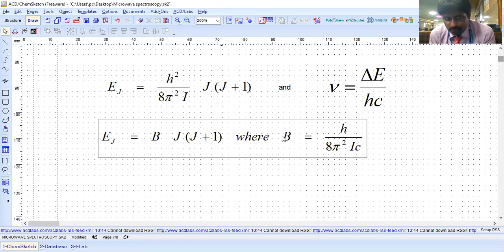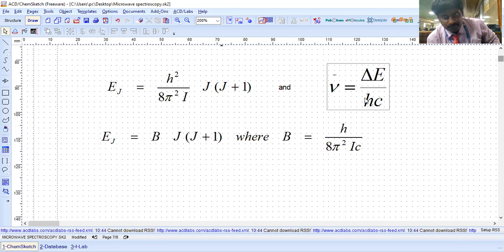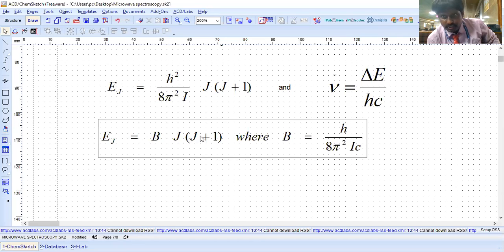The rotational energy level can be quantized with this equation Ej equal to h square by 8 pi square I into j into j plus 1. Instead of expressing this energy in joules or other units, we express it in wave number. In order to express the wave number, we divide this equation by hc, and Ej equal to B into J into J plus 1.